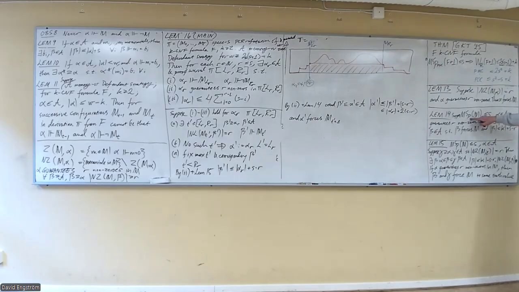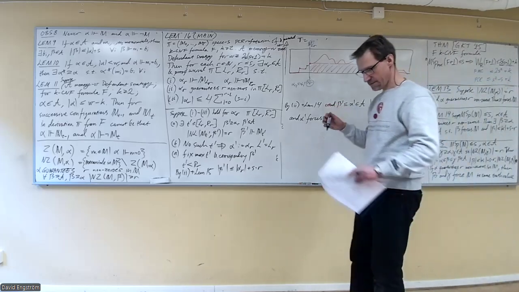I'm just using that I know the space bound. I have an alpha. I know that alpha guarantees r non-zeros. Then I just extend it to force this assignment.